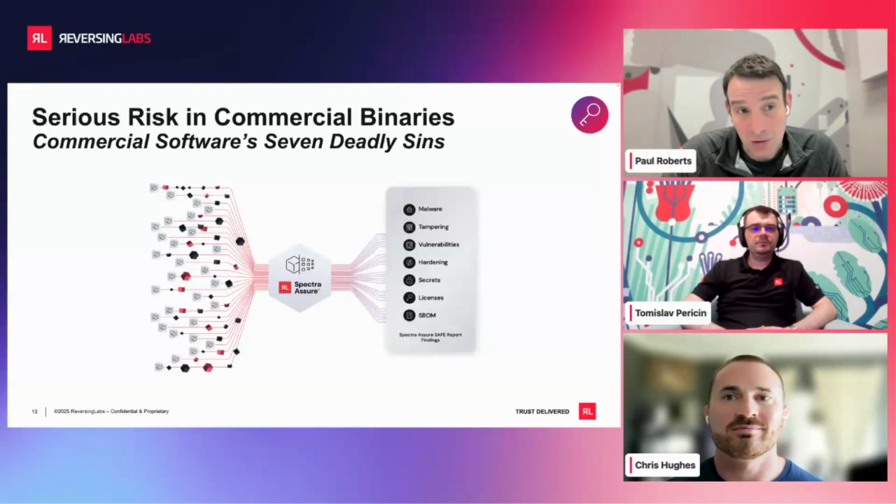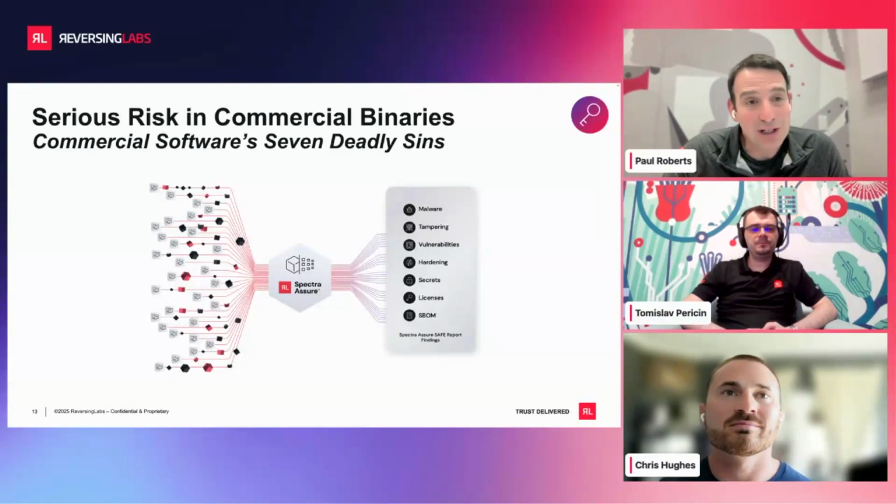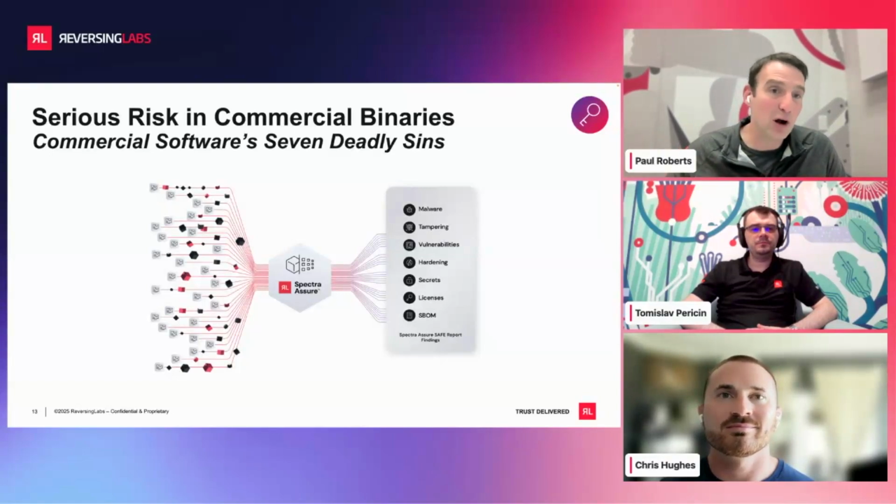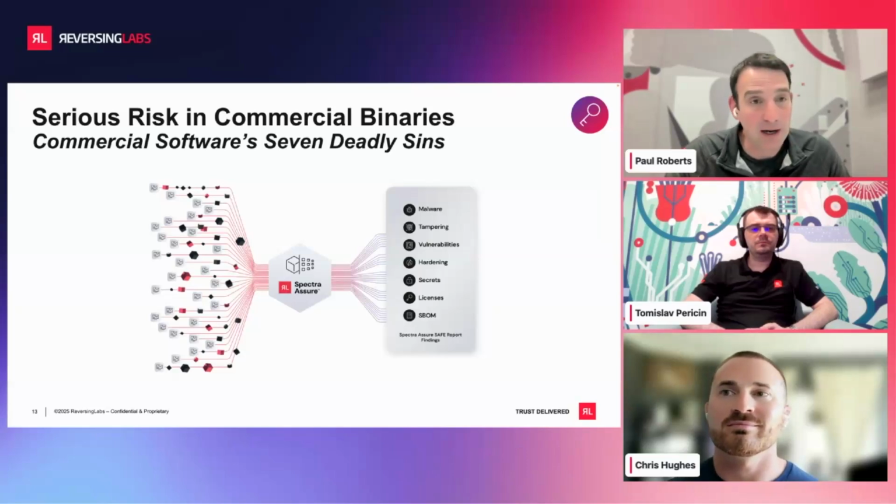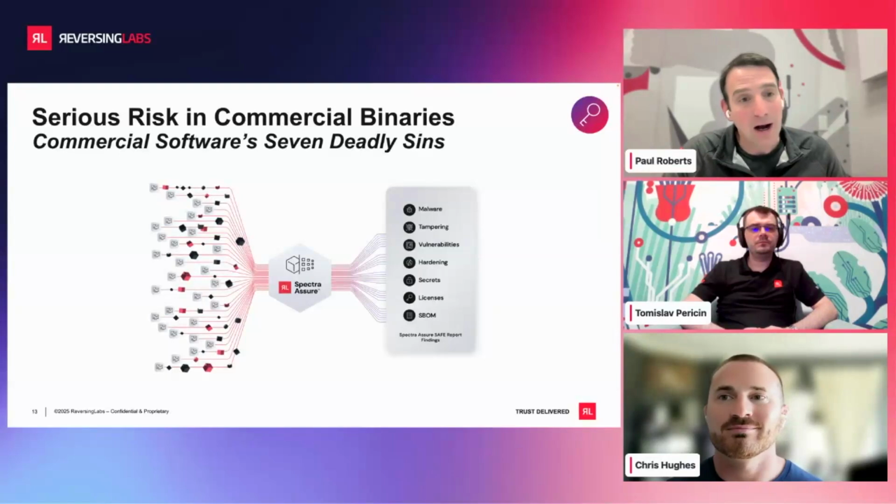What we found was really interesting, and what we talked about is sort of the seven deadly sins of commercial software. These were recurring problems we saw in many of the, I think it was 30, commercial software binaries that we looked at.